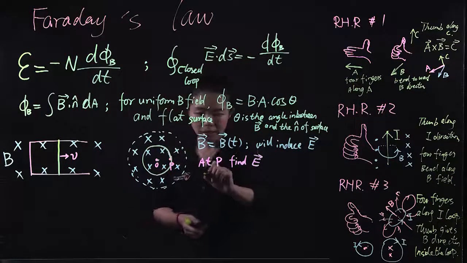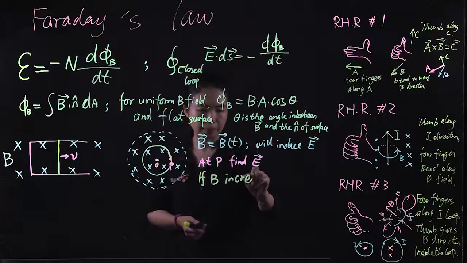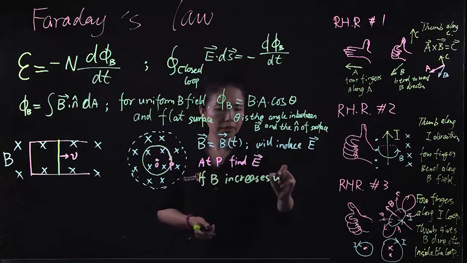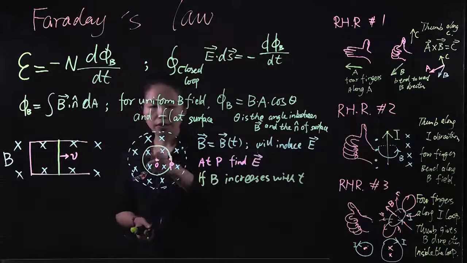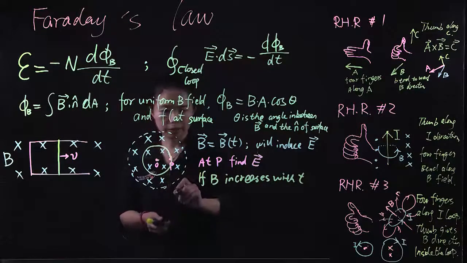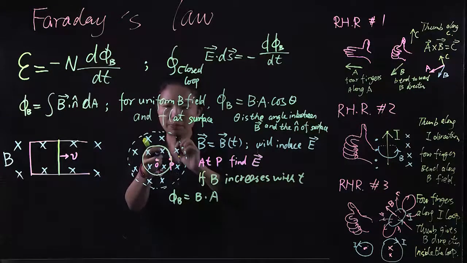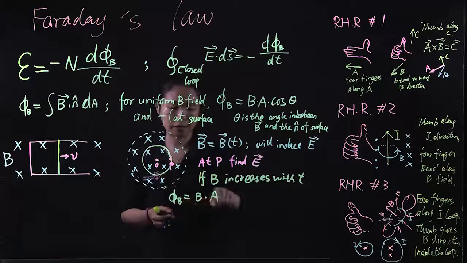Now, if the B field increases, this function is a B field that increases with time. The flux going through this region is equal to B multiplied by the area. Now, B is perpendicular to the area, B is parallel to the normal direction of the area, cosine 0 equals 1. So simply flux equals that.